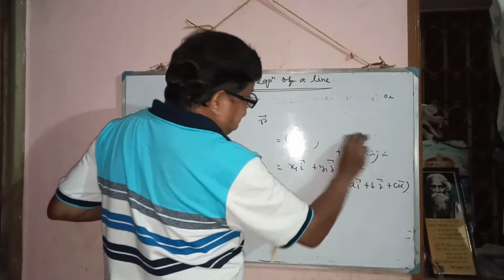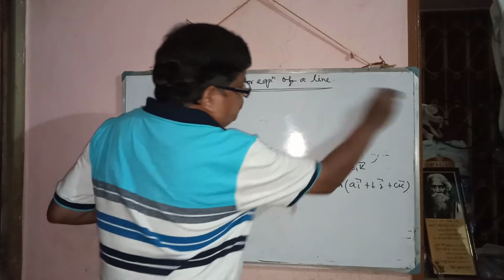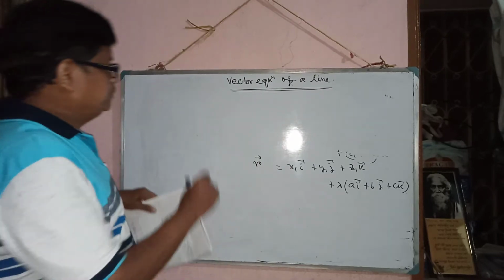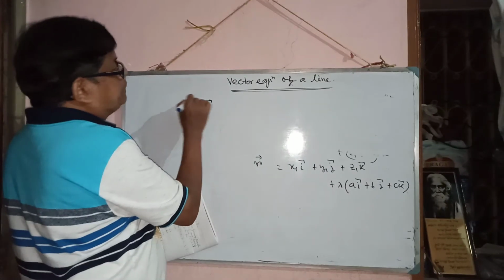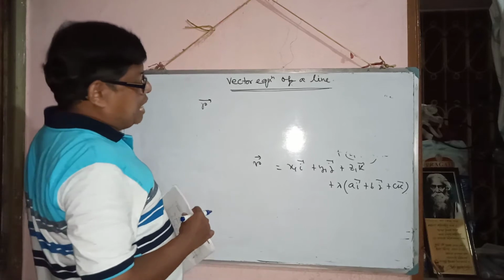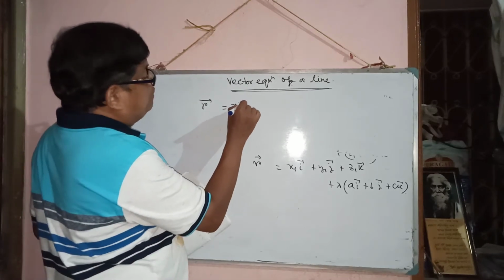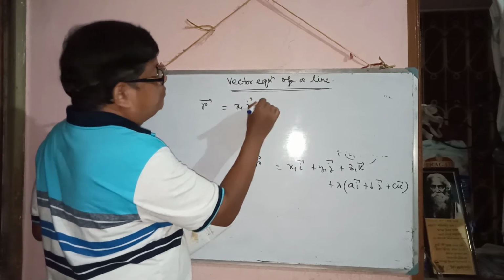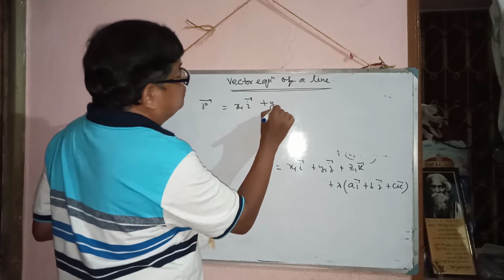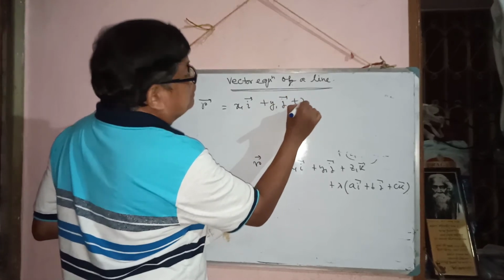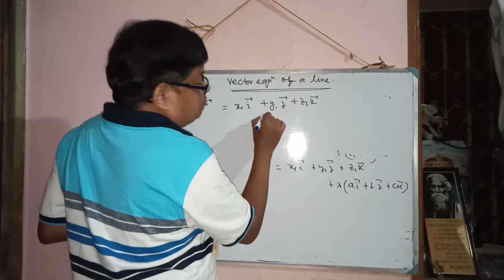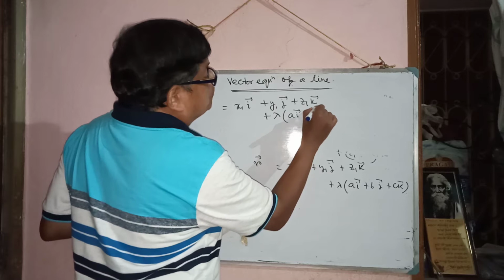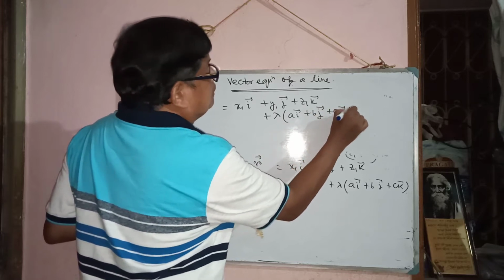Remember the vector equation of a line: r equal to x1 i cap plus y1 j cap plus z1 k cap plus lambda into (A i plus B j plus C k).